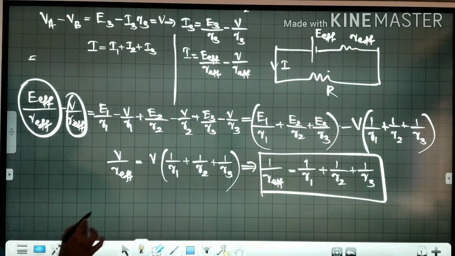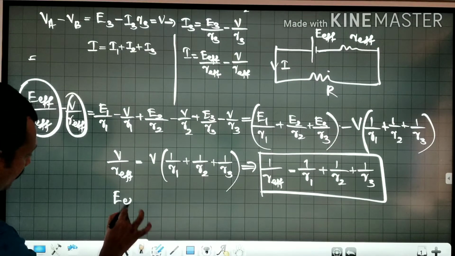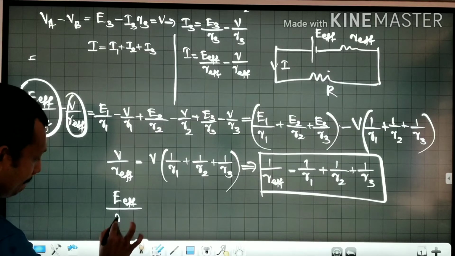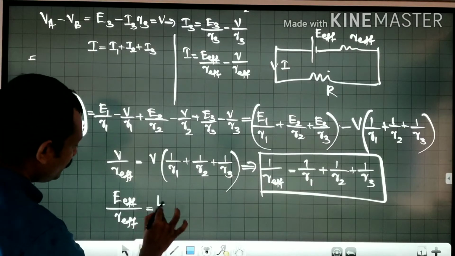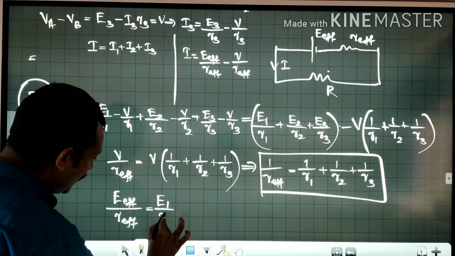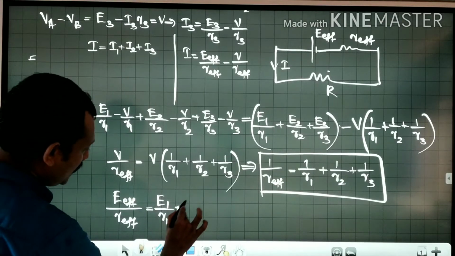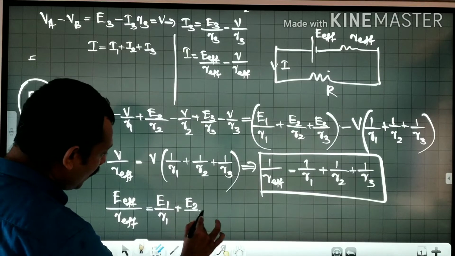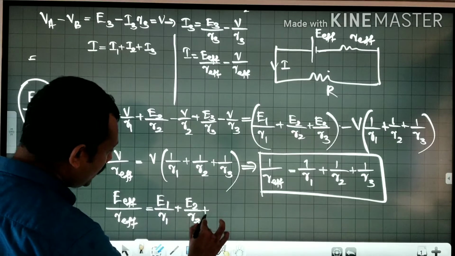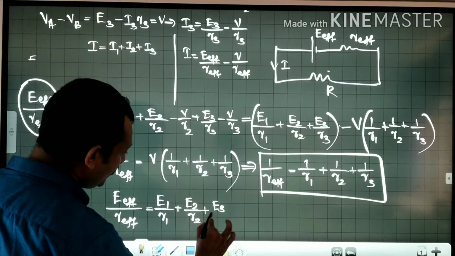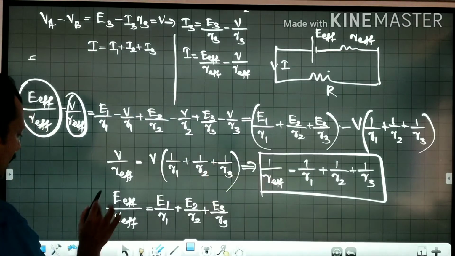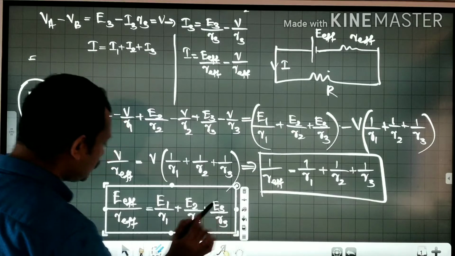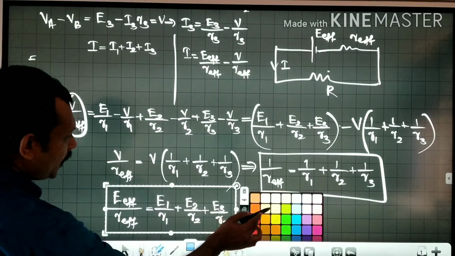Then what is next? E effective divided by R effective is equal to E1 by R1 plus E2 by R2 plus E3 divided by R3. This is the formula for E effective, and the other one is the formula for R effective.